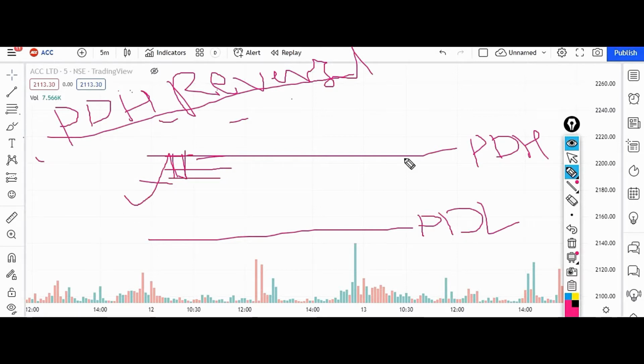If it closes below this PDH, you can put the stop loss above this level or above the previous swing high, and your next target will be the next support. This is the PDH reversal trick.